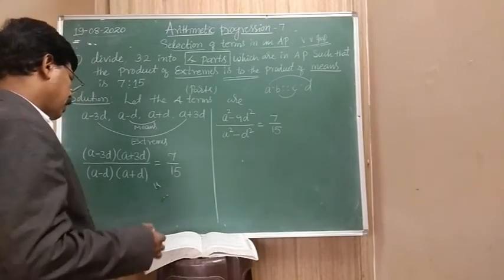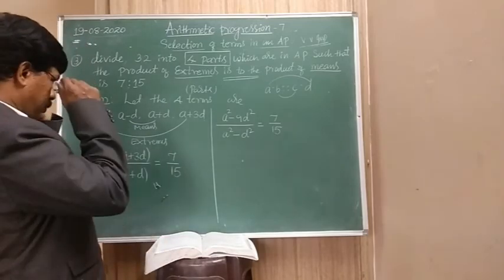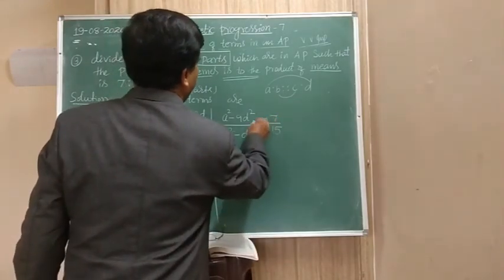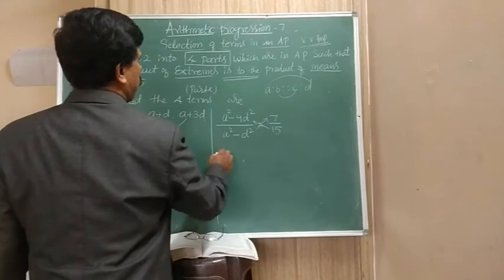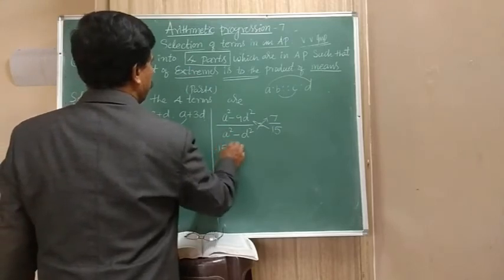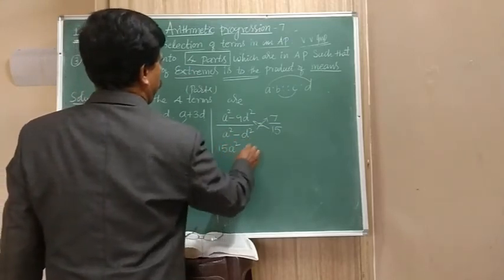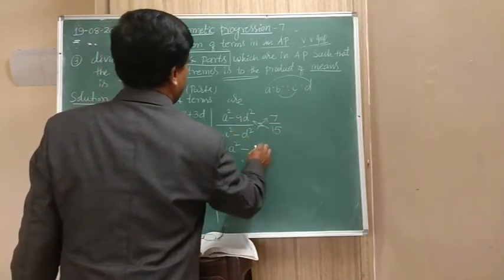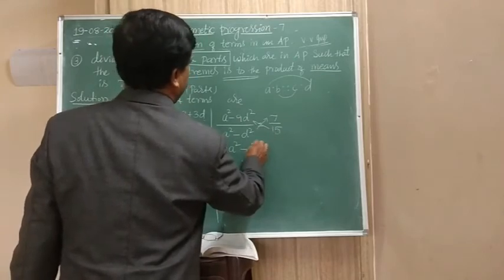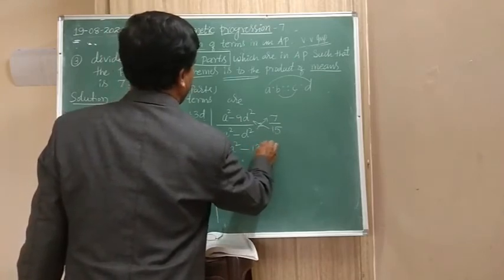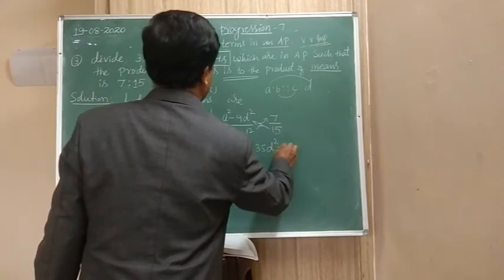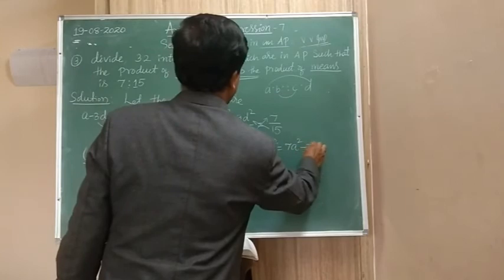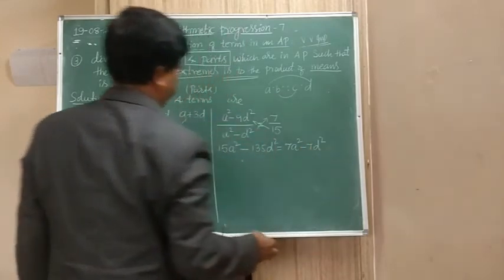Right. Then next is cross multiplication. 15 into a square, 15 a square, minus 15 nines are 135 d square, equals 7 a square minus 7 d square.